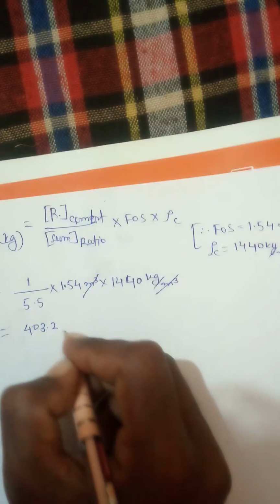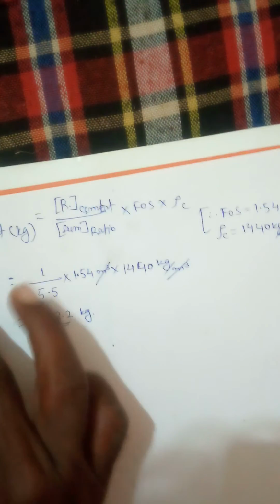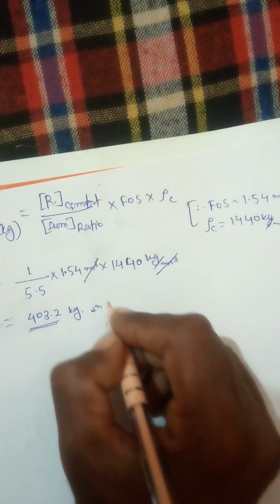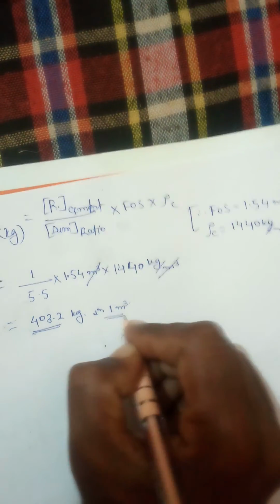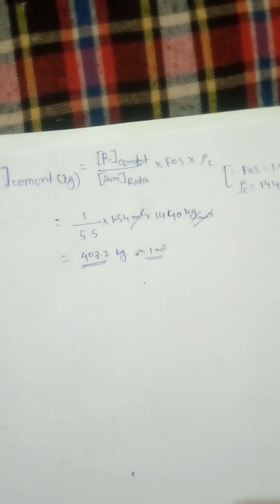When we calculate it, we get 403.2 kilogram, and we know that this is the quantity in 1 m³. We also know that cement is available in the markets in bags, so we calculate the number of bags.